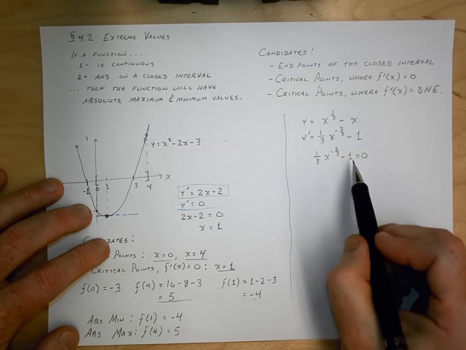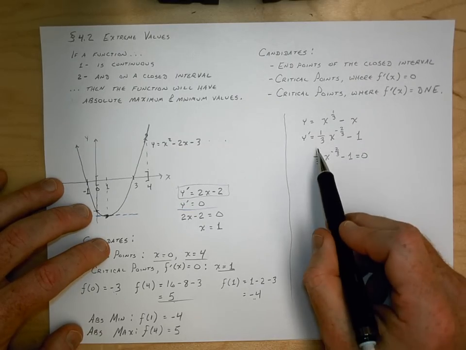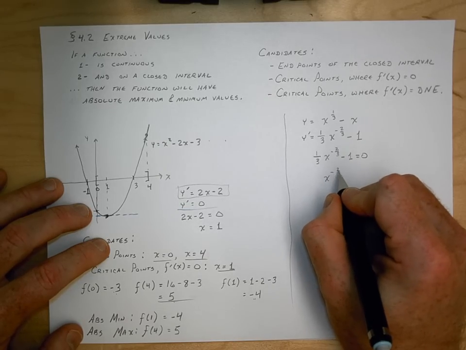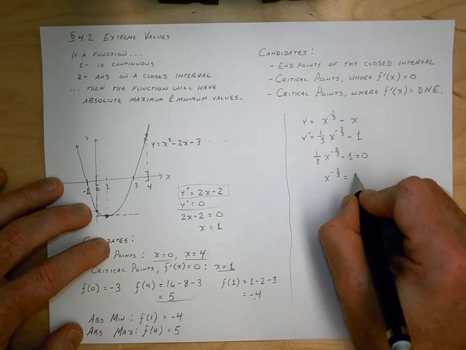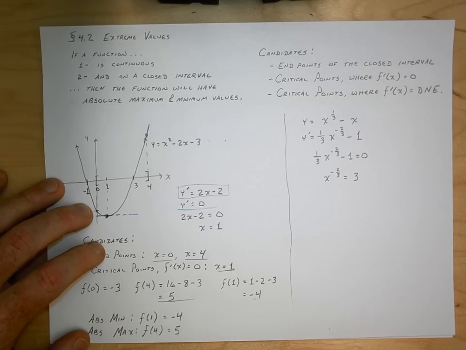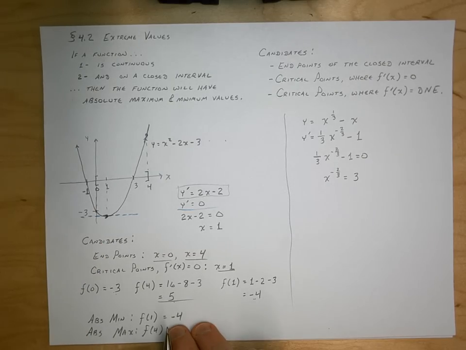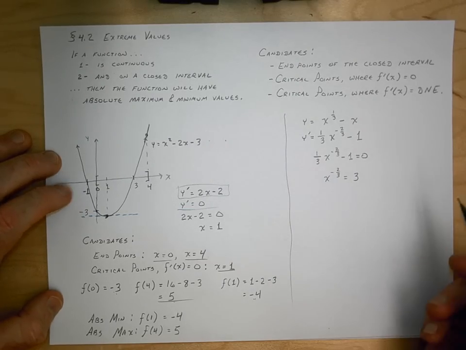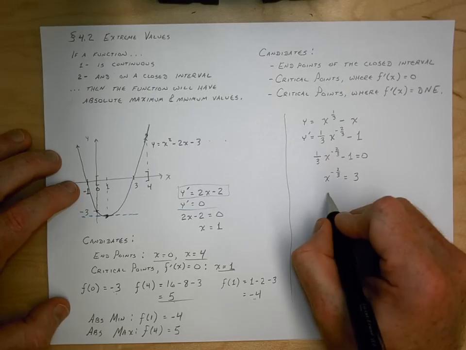Okay, so if I move the 1 to the other side and multiply both sides by 3 to clear out that fraction, I get x to the negative 2/3 equals 3. Okay, now this is going to begin to tax your algebra skills a little bit. I'd like to deal with that negative sign, so I'm going to raise both sides to the negative 1 power.